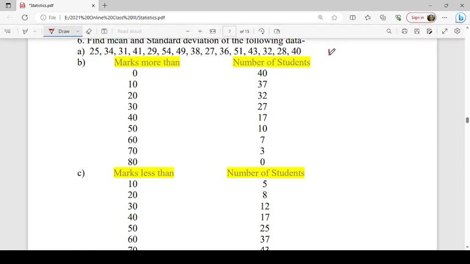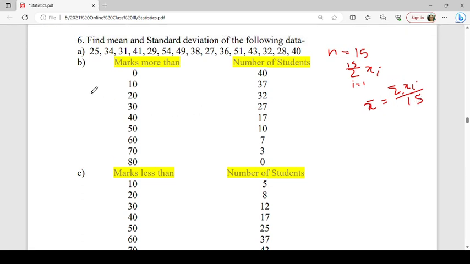Consider the summation of xi, where i varies from 1 to 15, then divide by 15, so you get x bar. X bar is summation xi divided by 15.